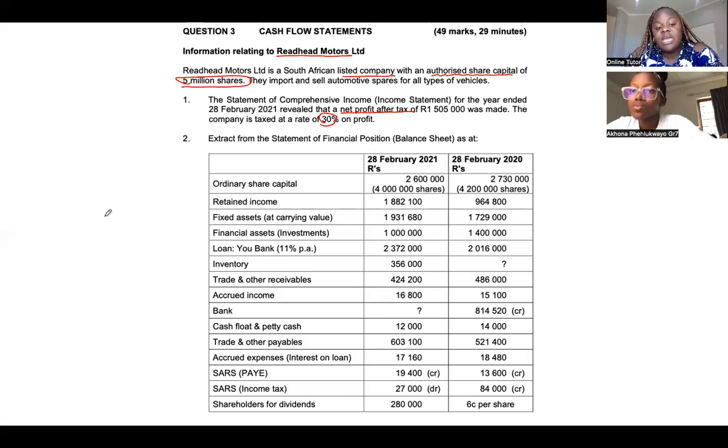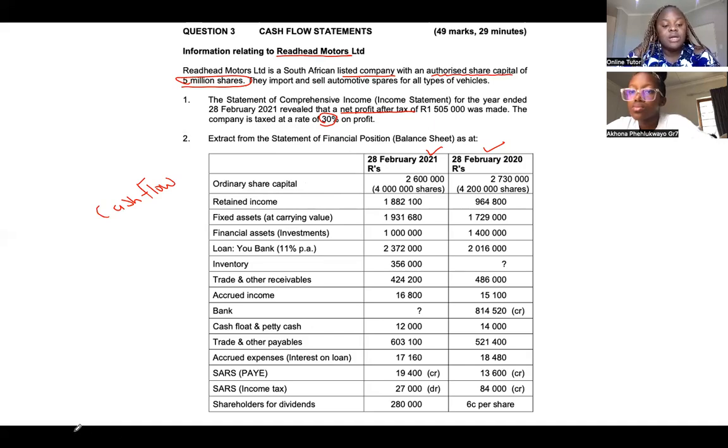Because we're doing cash flows, it makes sense that they will give us comparatives, so we expect to see two financial years. I'm not going to read this because it's just words and numbers, but you can see they've given you all the normal components of a statement of financial position, like retained income.